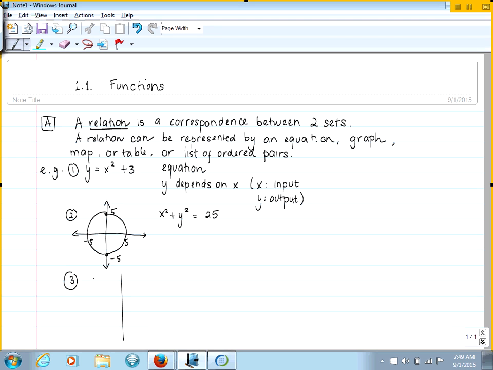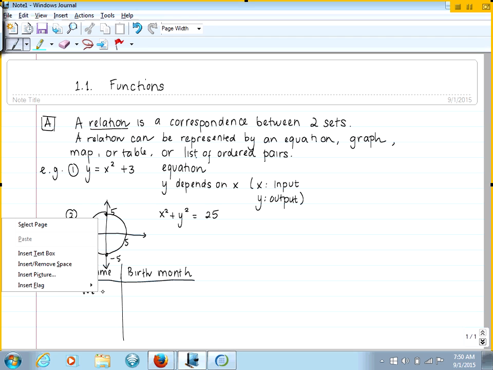Now the other one is a table. Let's see, what should we do here? Maybe your first name and your birth month. Who wants to share their birth month? Anyone volunteer?